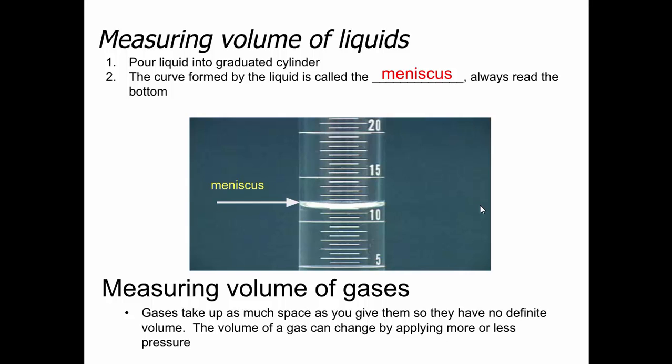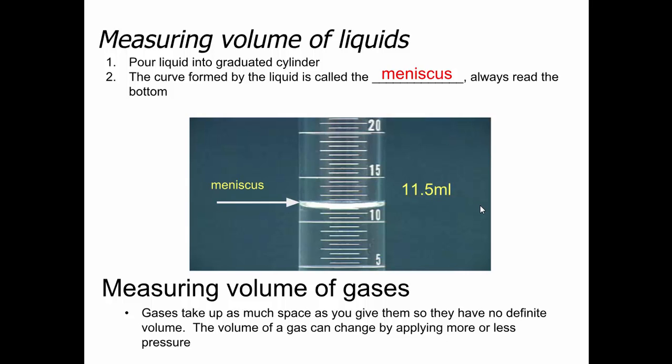So here's 6, 7, 8, 9, 10. What are the smaller lines? 0.5. So that's 5, 5.5, 6, 6.5, 7, and so forth. Now here's 10, 10.5, 11, right at 11.5. This is a volume of 11.5 milliliters.